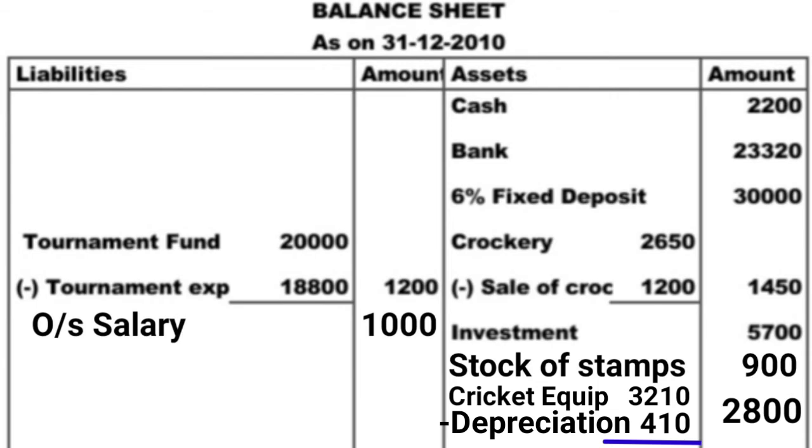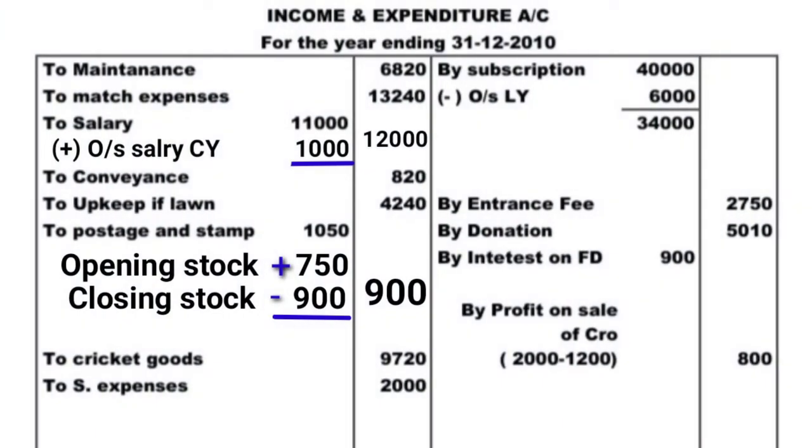Here, previous balance rupees 3,210 we entered first. Then enter the closing balance on 31st December 2010 in the outer column. The difference is treated as depreciation. Also, we know depreciation is an expense. So this depreciation we will write in the income and expenditure account, to depreciation of cricket equipment, rupees 410.